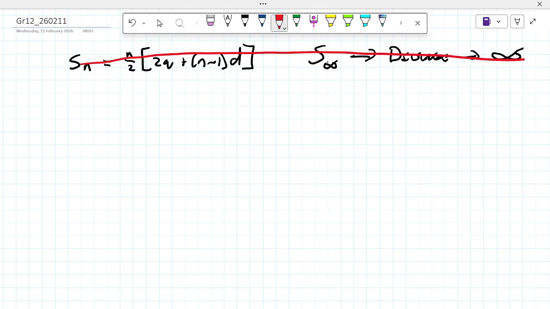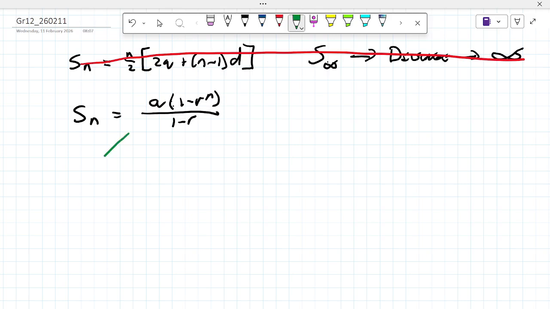But let's just look at this. We say that Sn equals a times (1 minus r to the power n) over (1 minus r). Now, there's three scenarios that can arise here.